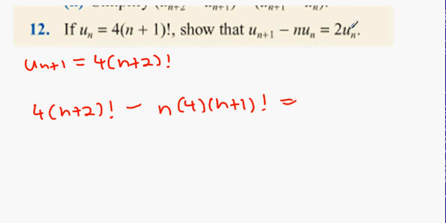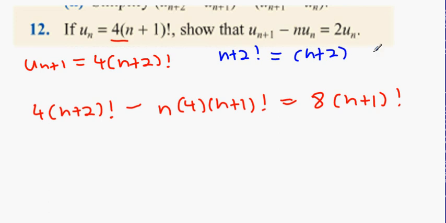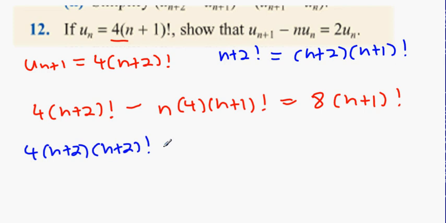And I have to show that equals 2u_n, so multiply this by 2 and I'm going to get 8 times (n plus 1) factorial. So remember what I said last time. (n plus 2) factorial is going to be the same thing as (n plus 2) multiplied by (n plus 1) factorial. So it's going to be 4 times (n plus 2) multiplied by (n plus 1) factorial.